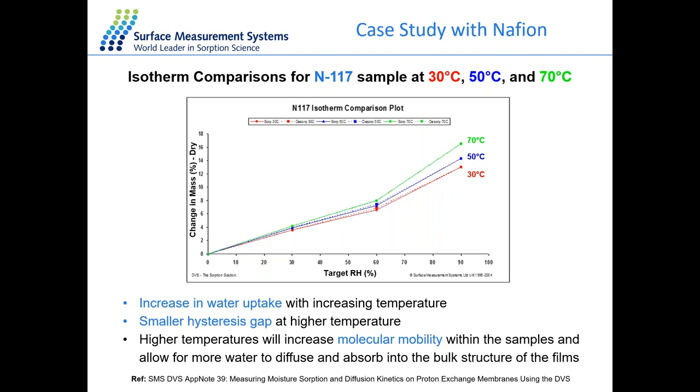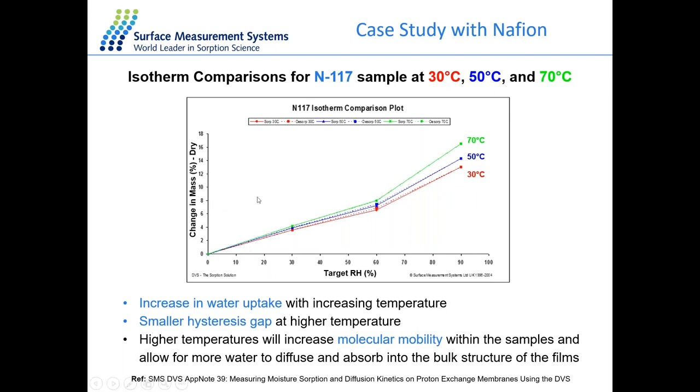Here the sample shows higher uptake with higher temperature, which is probably because higher temperature increases the molecular mobility within the sample, allowing more water molecules to diffuse and absorb into the bulk structure of the film. And the hysteresis gap also becomes slightly smaller, or there is almost no hysteresis, at higher temperature, which also confirms that water sorption is not diffusion limited with increasing temperature.